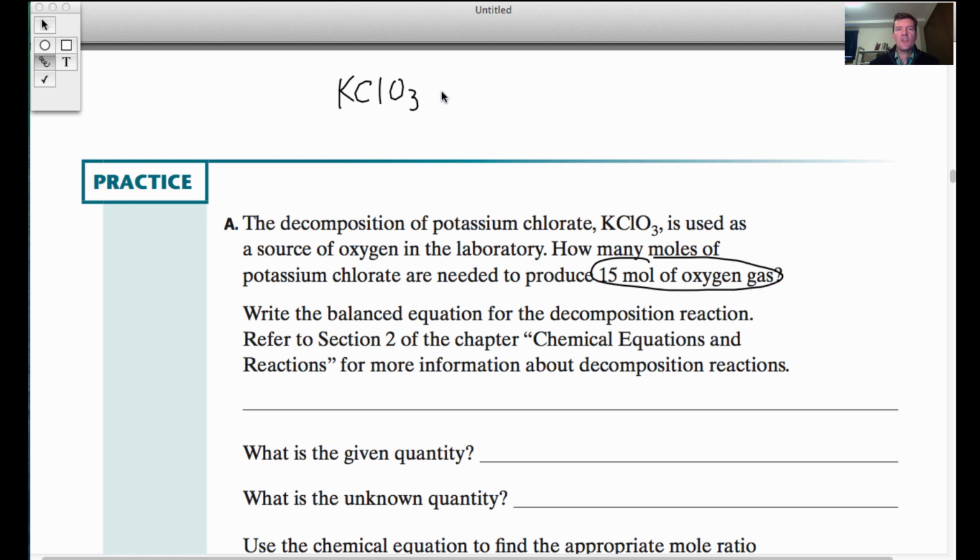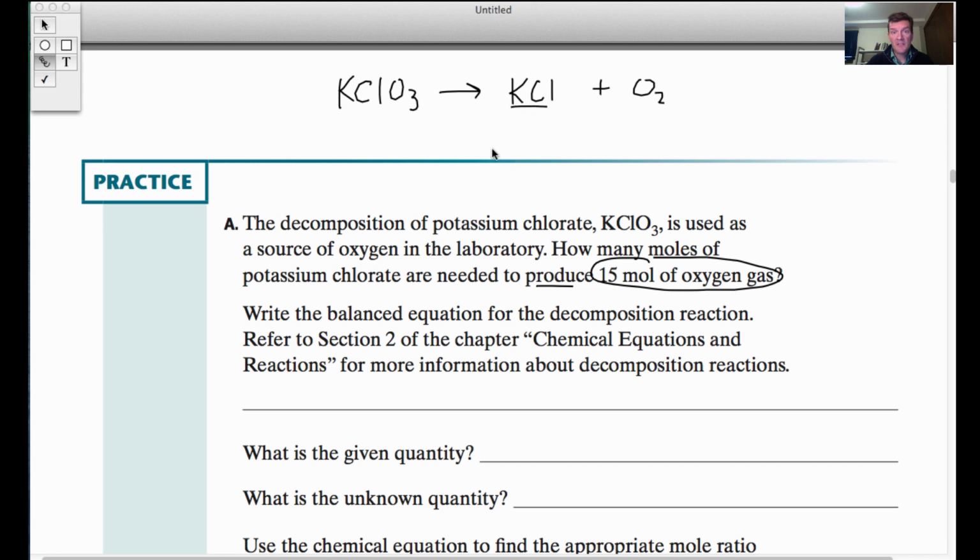Now we have to know what the reaction is here, and so I'll just give it to you. Potassium chlorate is going to decompose into potassium chloride and oxygen. We're told that it's going to produce oxygen. The other product is the potassium chloride right here. Okay.